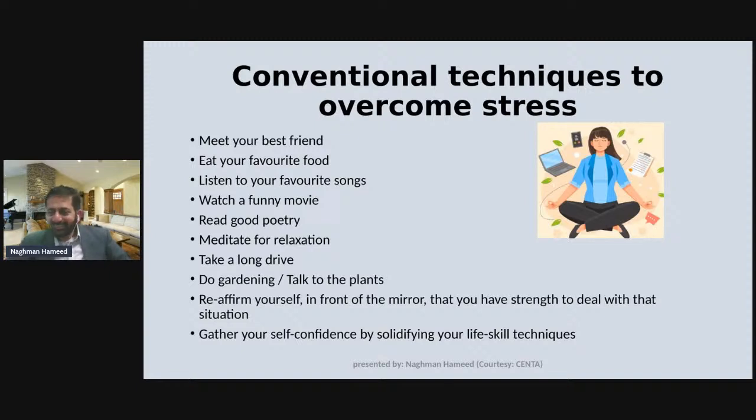Okay, let me have a look at the chat. Mirror image, singing songs, small trips, watching comedy show. That's great. Gather your self confidence, right? Gather your self confidence, it's important. Self confidence should be there and it should not go away. It's very important. And there is one thing that I want to mention here.